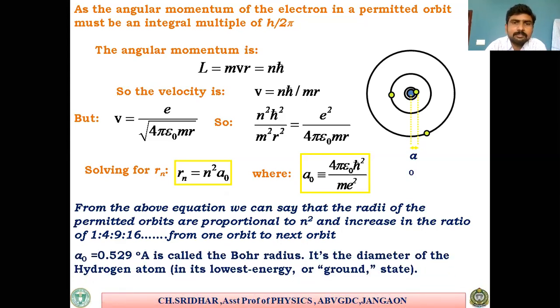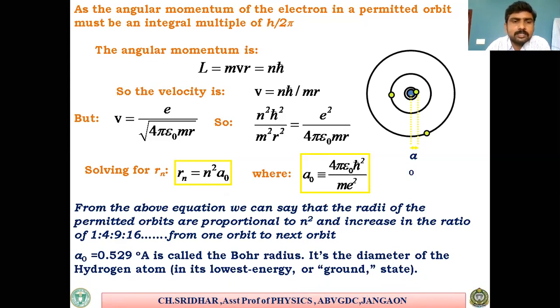If you calculate the value of a naught by substituting n equals 1, R1 will be equal to a naught, and by substituting the values of Planck's constant, permittivity, the mass of the electron and the charge of the electron, we get a naught equal to 0.529 angstroms.